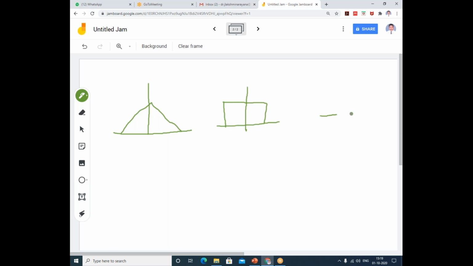I am going to draw another waveform. Now observe these three waveforms.